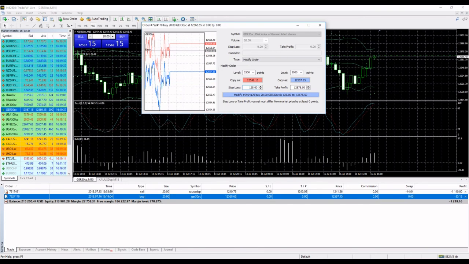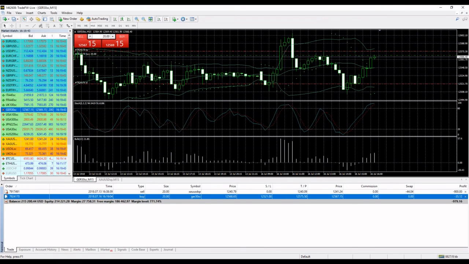The reason I put it a bit lower depends on the American opening. It might move a bit down, but once the movement out of the American opening is done, if there is one, then I will adjust my stop loss.